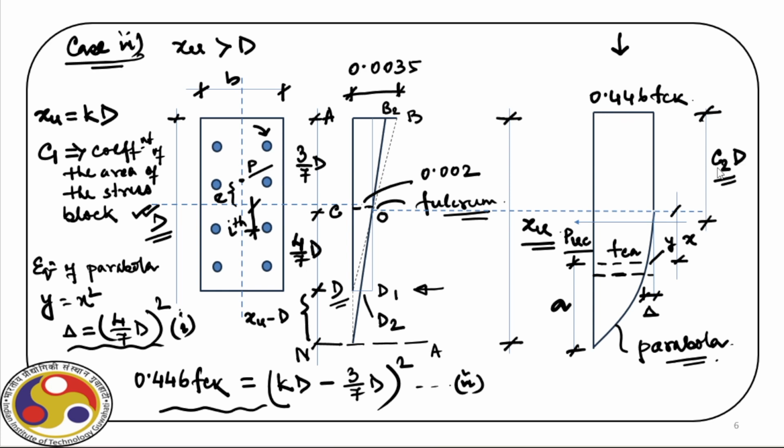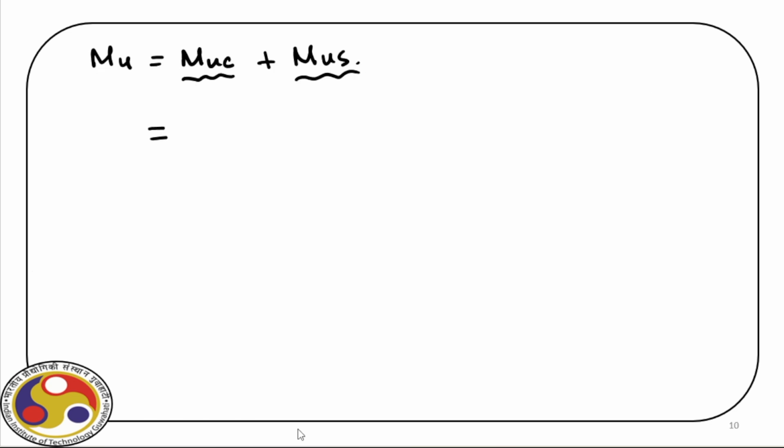We have already quantified C2. So C2D is the moment caused by this force about this fiber, where we have stress 0.446 FCK, right? So let us write that. So we have C1 FCK BD, that is the total compressive force, times D by 2 minus C2D.